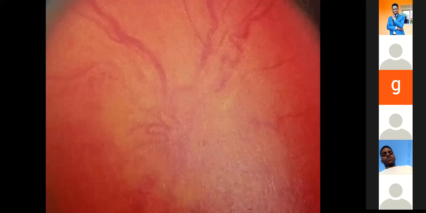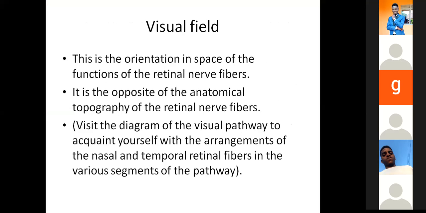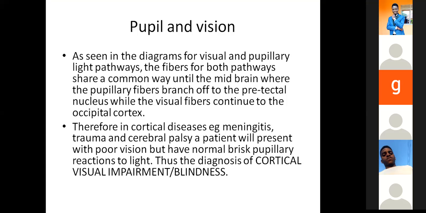There is something common between the pupil and vision, because they travel together up to the level of the midbrain in the optic tract, where the pupillary fibers will branch off to the pretectal nucleus, and the visual fibers continue to the occipital cortex.